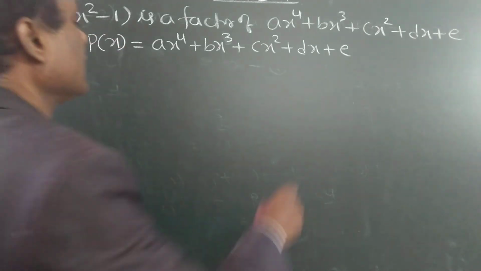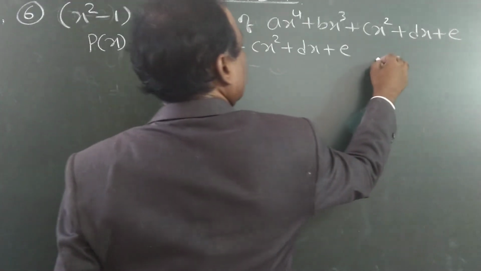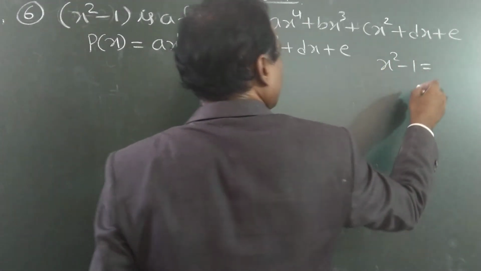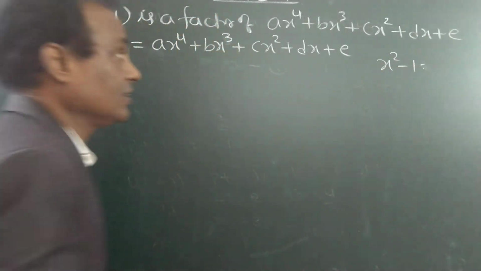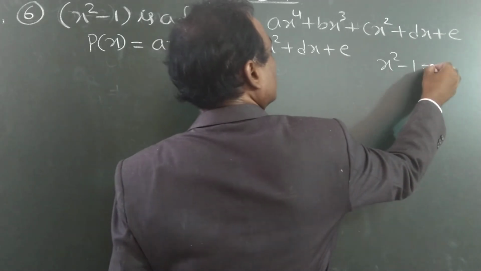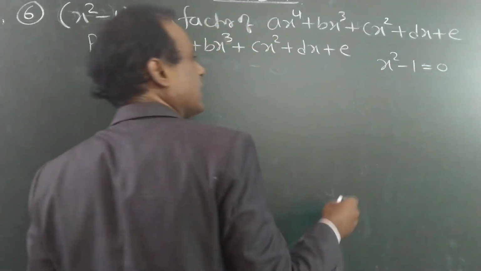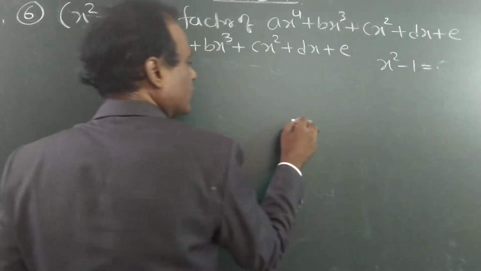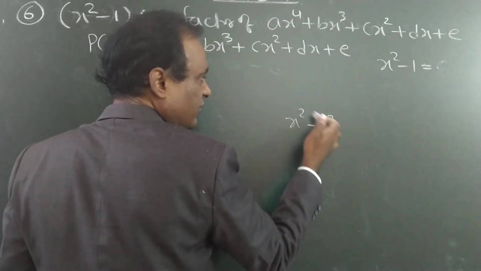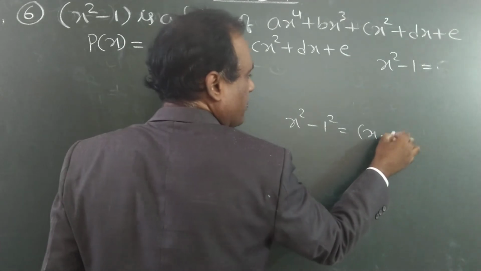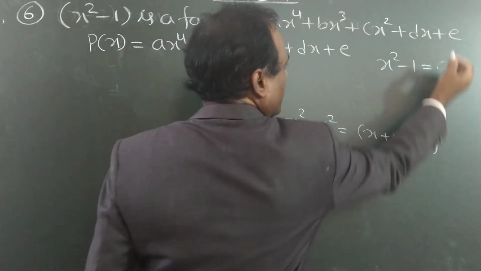So, what is the factor? X square minus 1. We have to factorize it. See here, x square minus 1. 1 can be written as 1 square. A square minus b square is a plus b into a minus b.